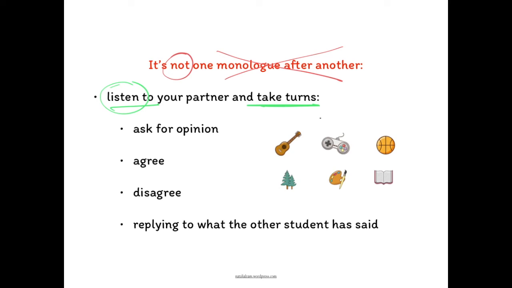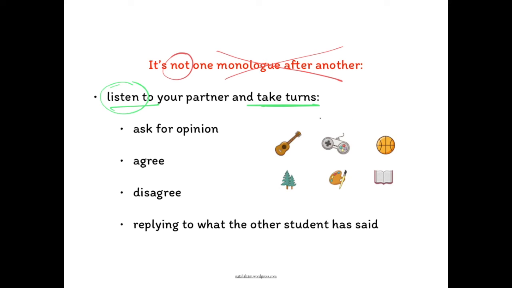For example, if my partner has been speaking about playing the guitar as a hobby, we have to choose the best hobby. And my partner has been talking about playing the guitar. If I move immediately to talking about playing games, no, that is not natural, that is not correct or even polite.